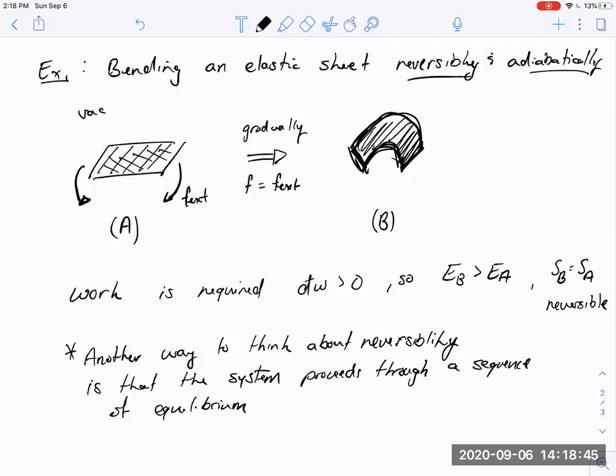The opposing force is always equal to the force that I am applying, which is the force that the system would generate irrespective of where it started from. So I could create this curvature through any number of transformations, and an equilibrium state doesn't care about how it's been prepared. So the force that is opposing it is independent of that preparation. This is what I would mean by a gradual reversible transformation.